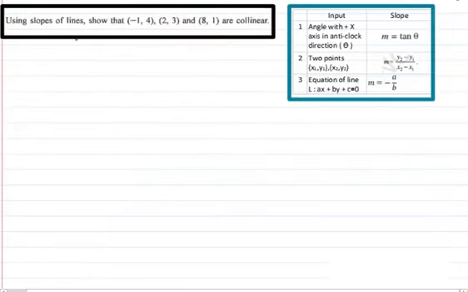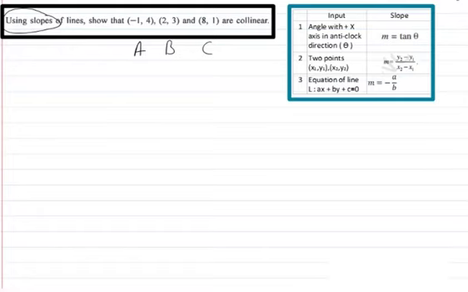In this question, we have to prove that point A(-1, 4), point B(2, 3) and point C(8, 1) are collinear using slope, right?